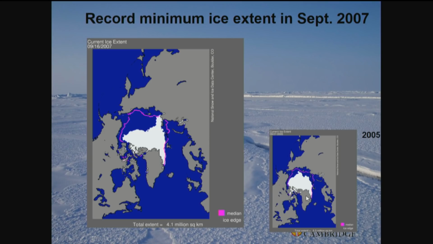So it was possible for a ship to sail across the Northeast Passage, the Northern Sea Route, north of Russia, and get from Siberia across to Europe without hitting any ice. And to a lesser extent, you could do the same with the Northwest Passage.